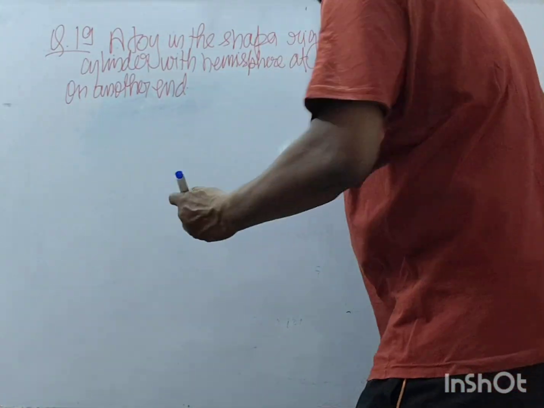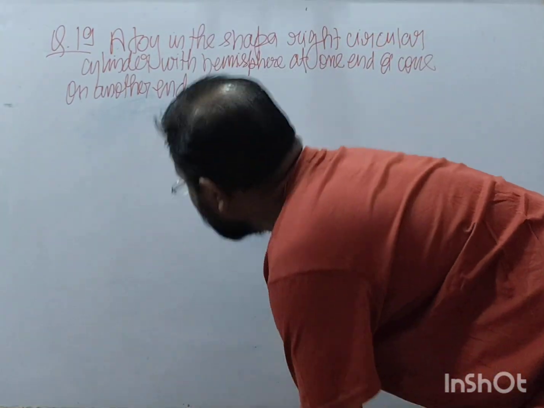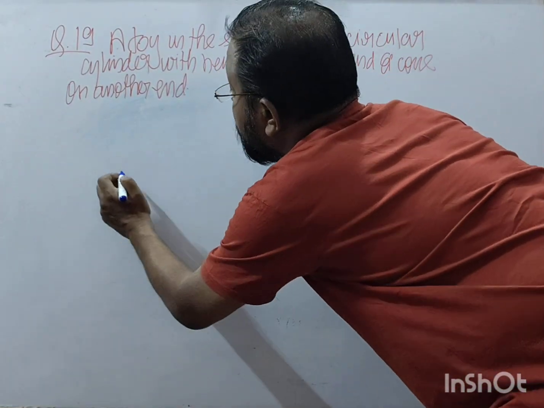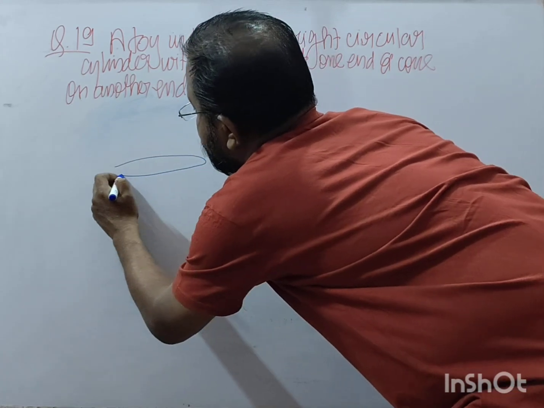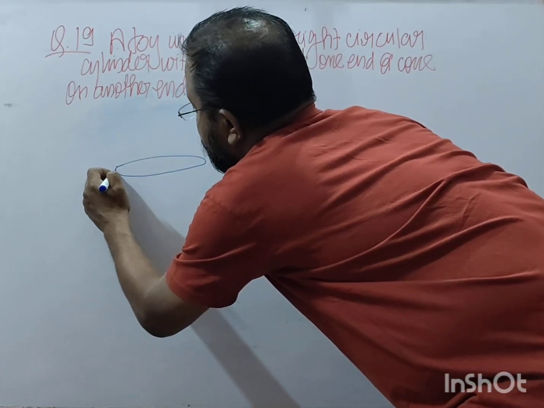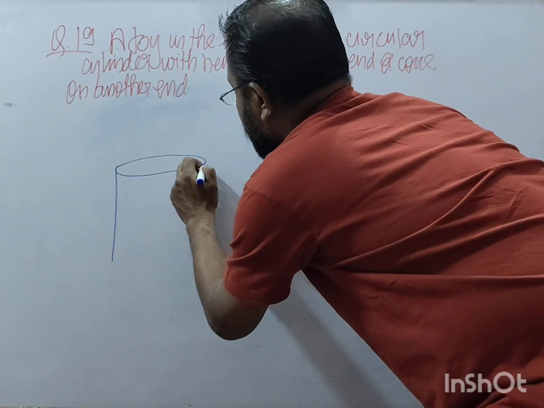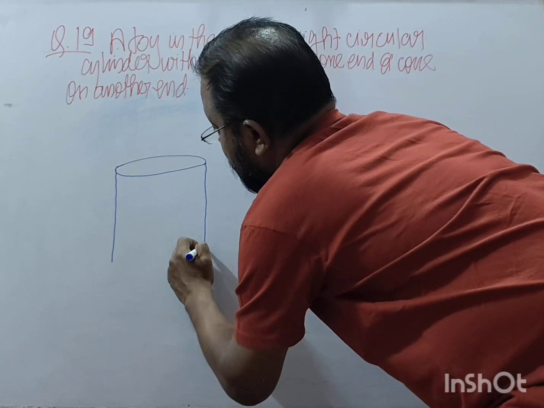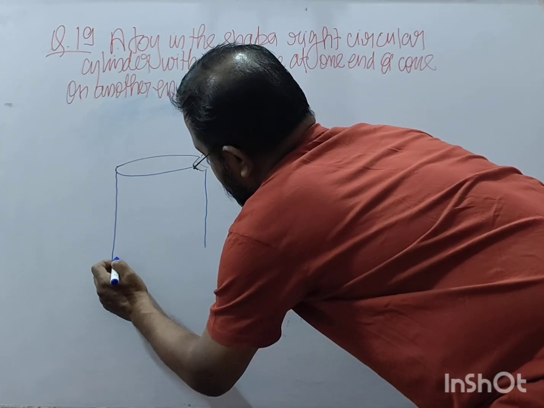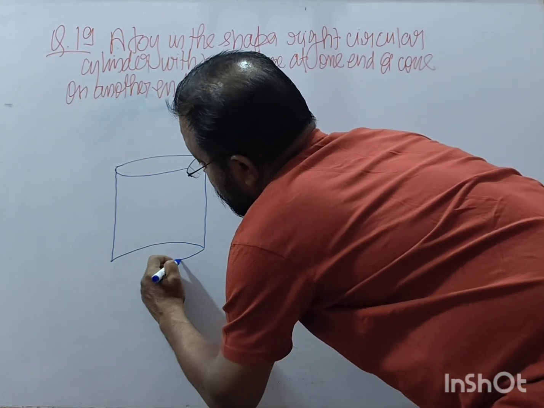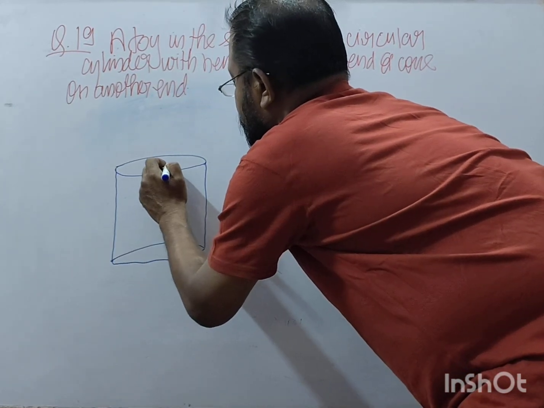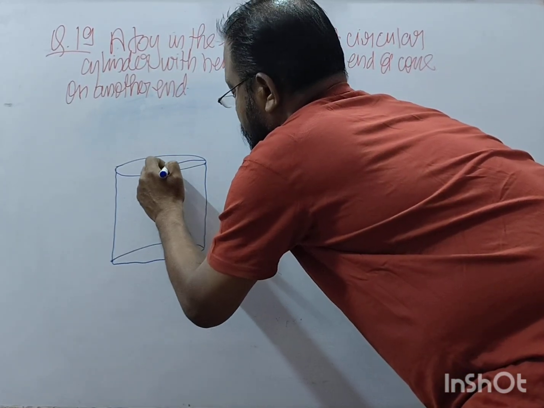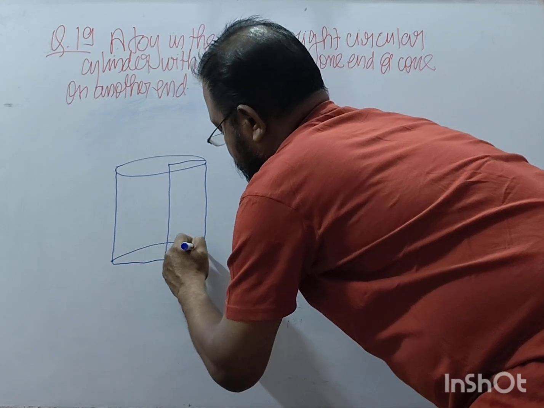There is a cylinder like this, and this is the radius.